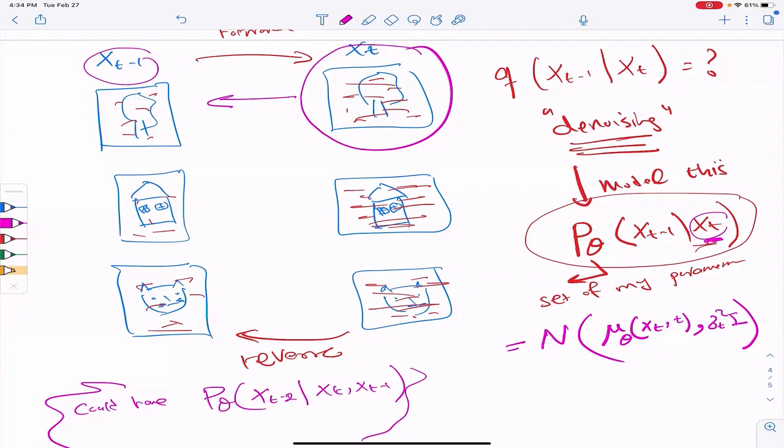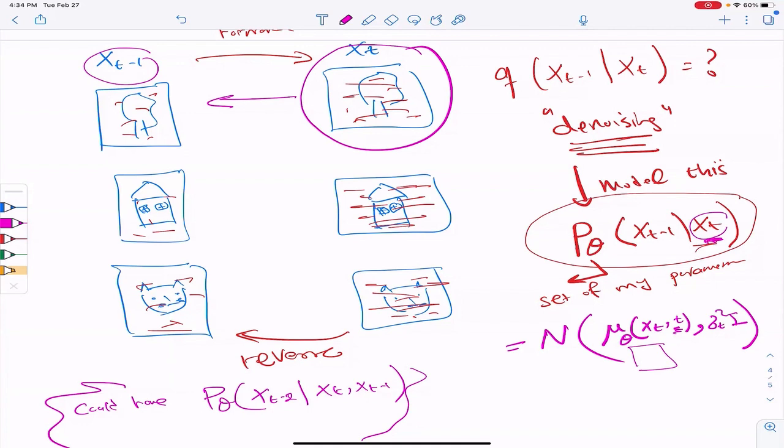But in many cases, it is helpful to add the time as an additional input so that it helps your network understand what step it is at, so that the denoising is done according to that particular time. So this network, mu, has an input, which is an image, plus the step that the denoising is being done at.